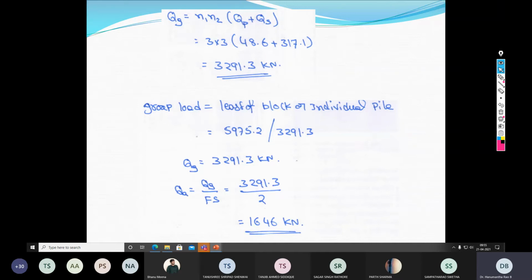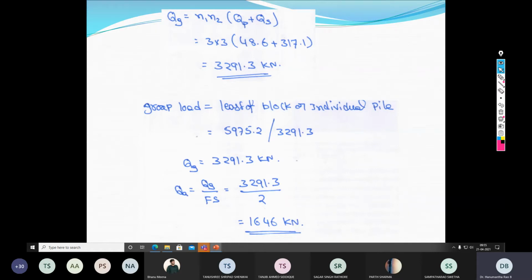But in case of the pile group, there is no such development of adhesion, because the soil which is in between the piles is also acting like a pile material. So the whole block is moving. So in that circumstance, it is assumed that no adhesion develops between the pile and the soil.